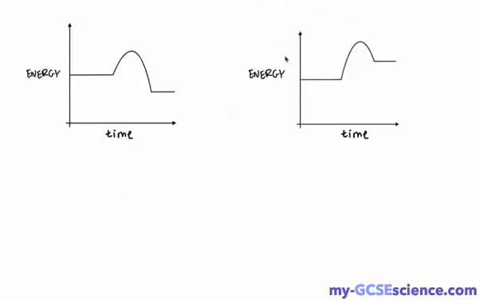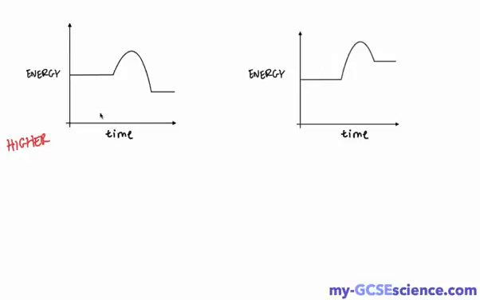So here I've got our two energy level diagrams. One represents an exothermic reaction, one represents an endothermic reaction, and by now hopefully you know that this one is the exothermic and this one is the endothermic. Now for the higher tier, you need to be able to explain the difference between an endothermic reaction and an exothermic reaction in terms of the making and breaking of bonds.